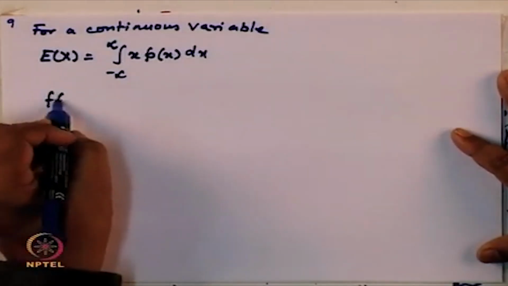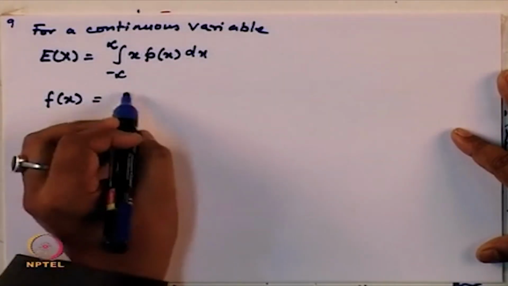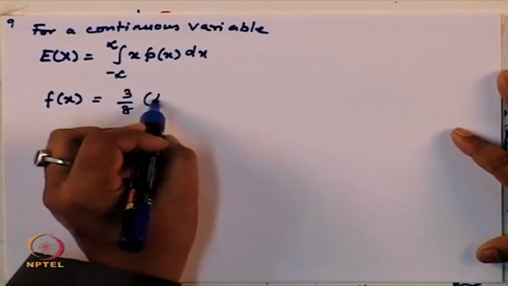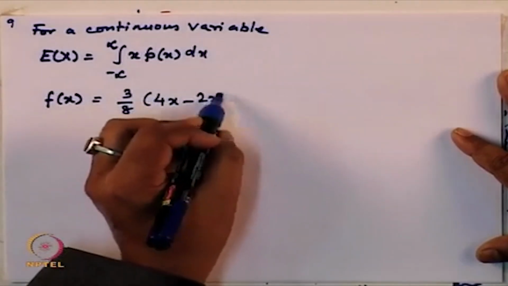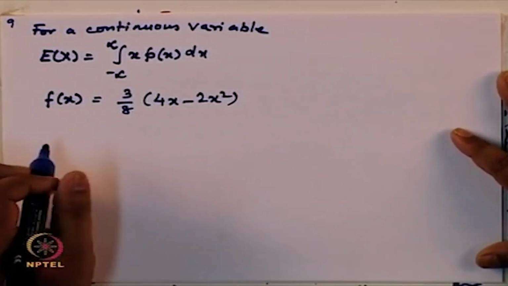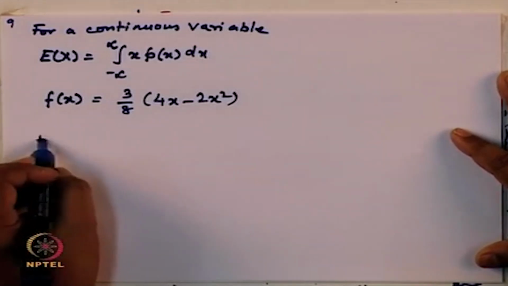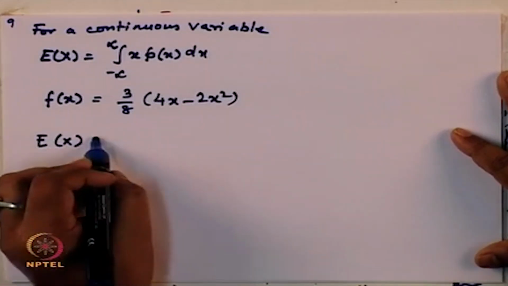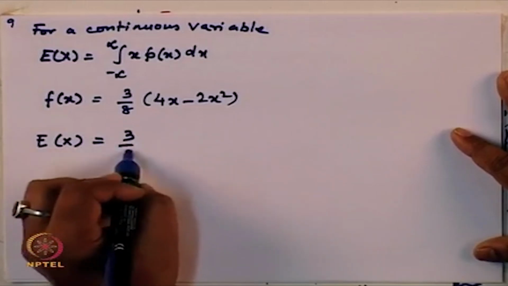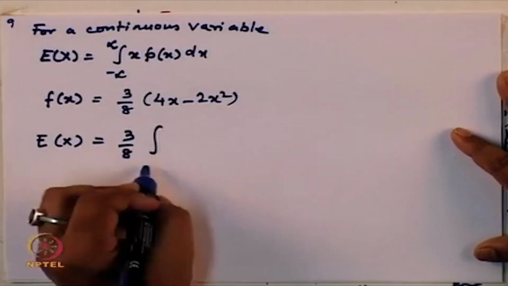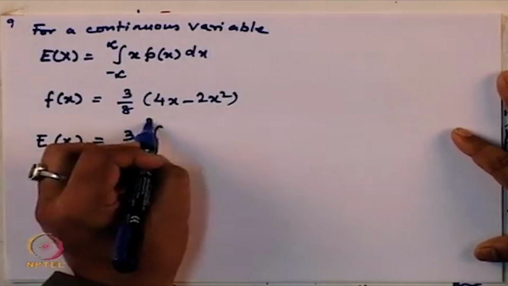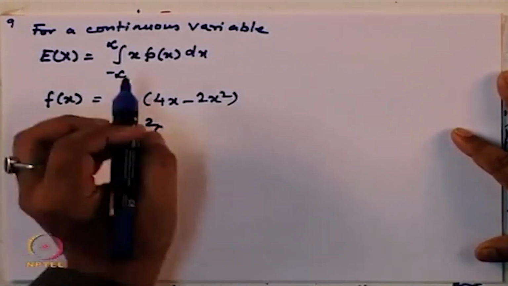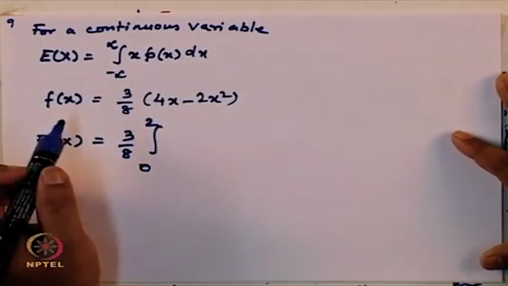So, for the probability density function that we had, f(x) is equal to 3 by 8 into 4x minus 2x square, what will be the expected value? We can calculate the expected value of x as, I can take the 3 by 8 out, I can integrate. This is only from 0 to 2. In all remaining places, you know that the probability is 0.